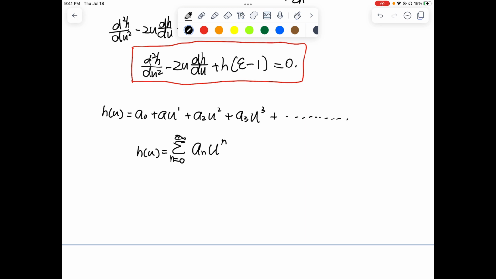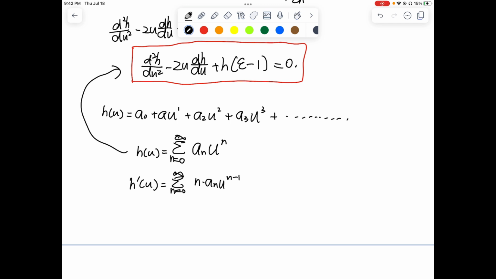So we're going to plug this into what we just found. First, let's take the first and second derivative of our h function. The first derivative is just going to be the sum from 0 to infinity of n times a n times u to the n minus 1.